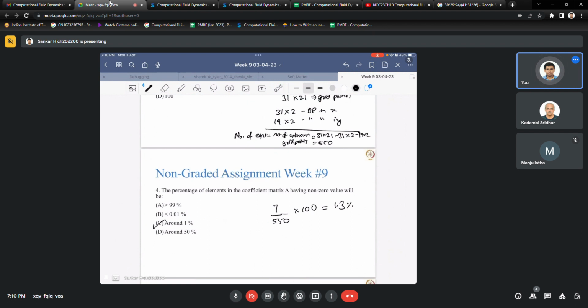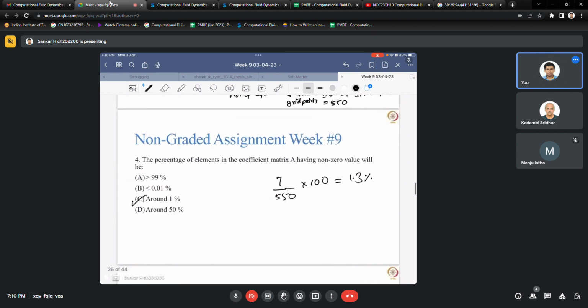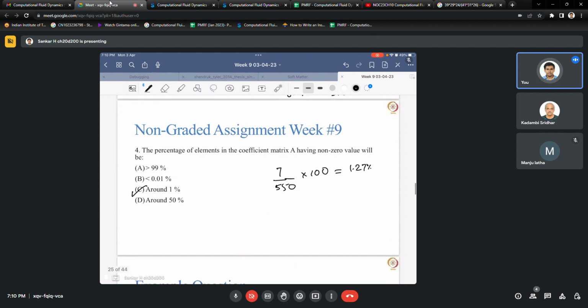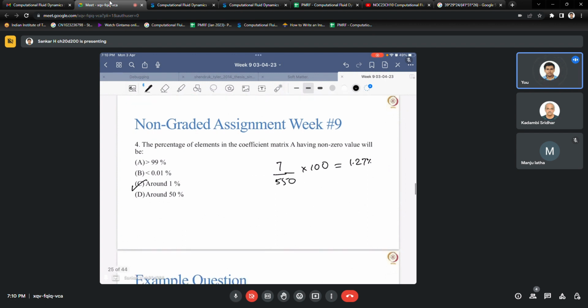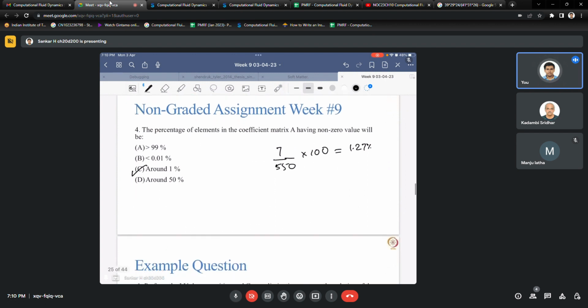I think the answer will come to option C. Please let me know if I have made a mistake anywhere. That's correct, it'll be 1.27 percent. I just did the calculation. So around 1 percent of the elements will have a non-zero value in the coefficient matrix.